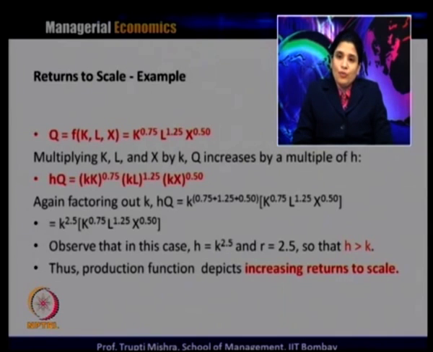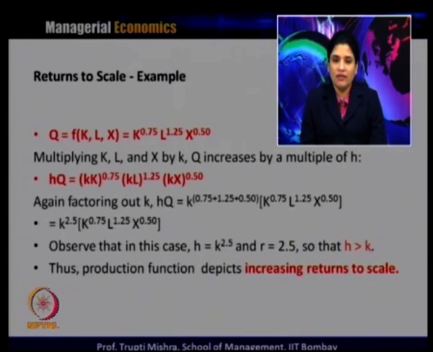So, when all the inputs change in the proportion of k, then the output changes in the proportion of h. If we factor out k, then hQ becomes k to the power 0.75 plus 1.25 plus 0.5, and in brackets again the same production function, that is K to the power 0.75, L to the power 1.25 and X to the power 0.5.